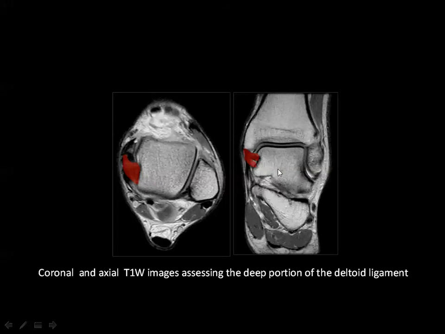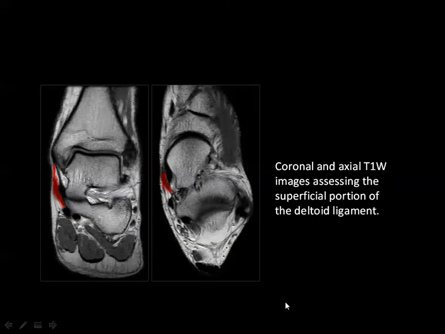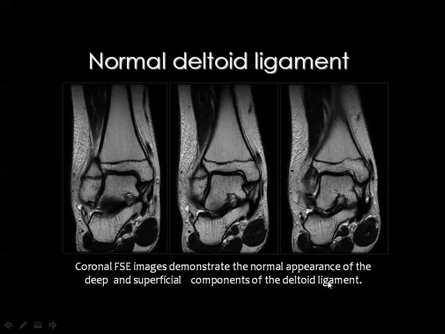It is better to evaluate the ligament in the coronal images, and you can see the bands of the ligament in the coronal coming from the tibia to the talus, coming from the tibia to the calcaneus. And this is the normal appearance of the medial collateral ligament with fan-shaped configuration coming from the tibia to the talus and from the tibia to the calcaneus.